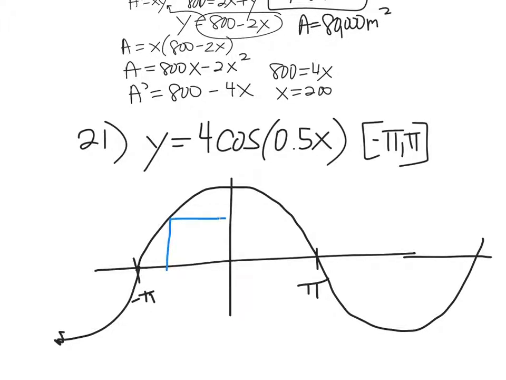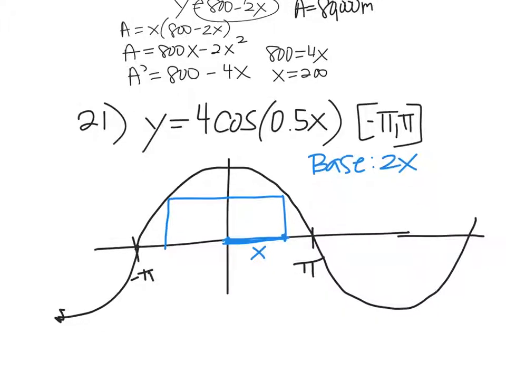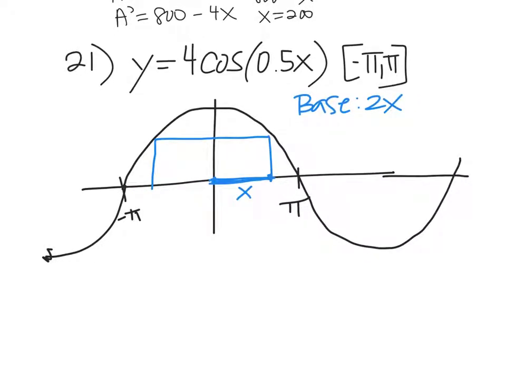And so it looks a lot like the parabola problem that you did. Not so much like the sine one that we did yesterday. So this, you always call from the origin to the edge of the rectangle, you call that x. So then the base would be 2x again. And then the height here would be whatever the y value is.